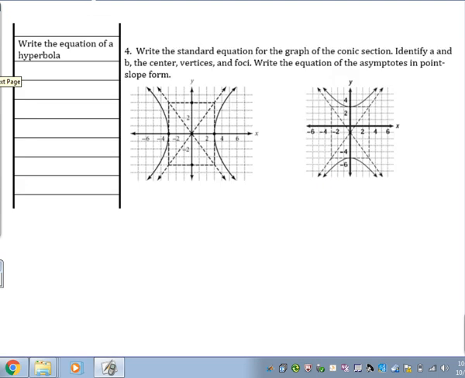Okay, so here we're given an equation and we want to write the general equation for it and then also write the asymptotes. This shouldn't be hard to write the equation, correct? So what parts do I need? Center.